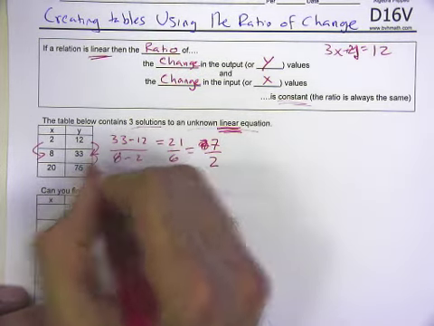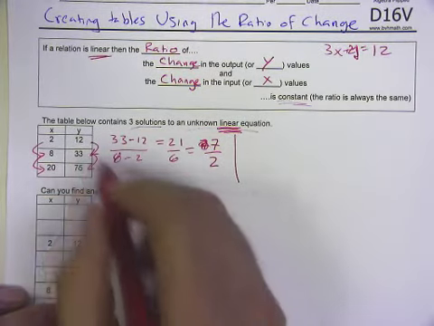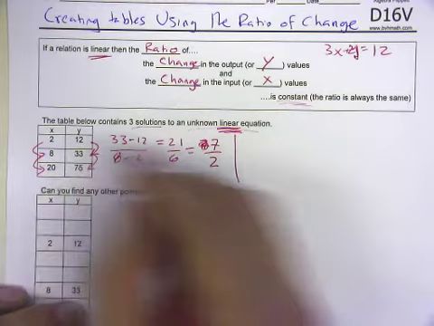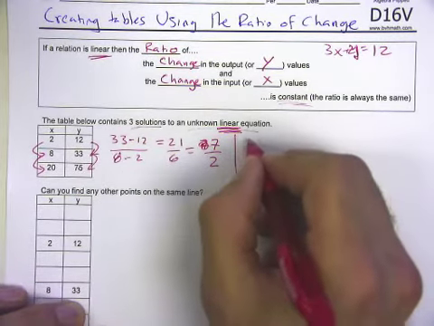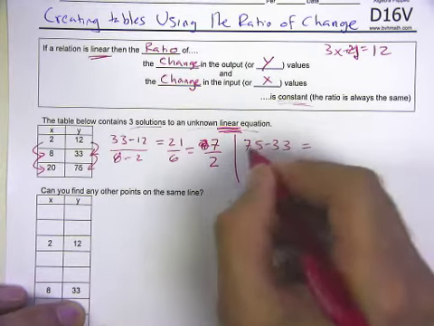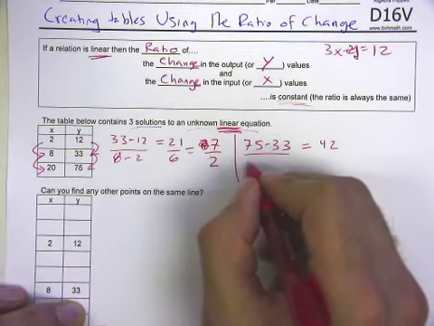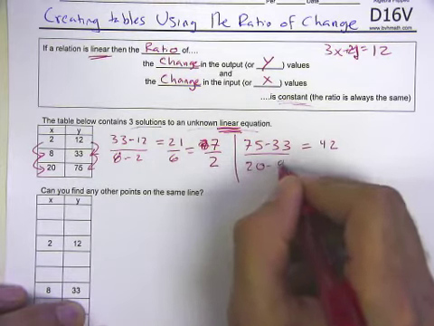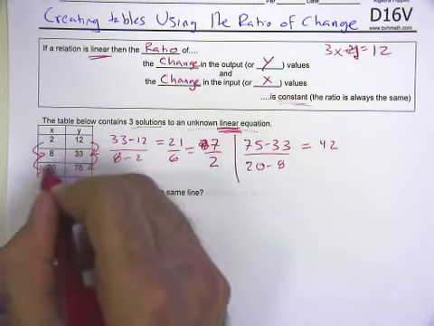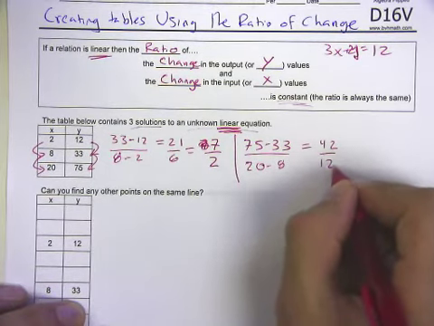We can see that that change is always the same by looking at the next pair of values. The change from 33 to 75 would be 75 minus 33, which is 42. And the change in the x would be 20 minus 8, which would be 12.